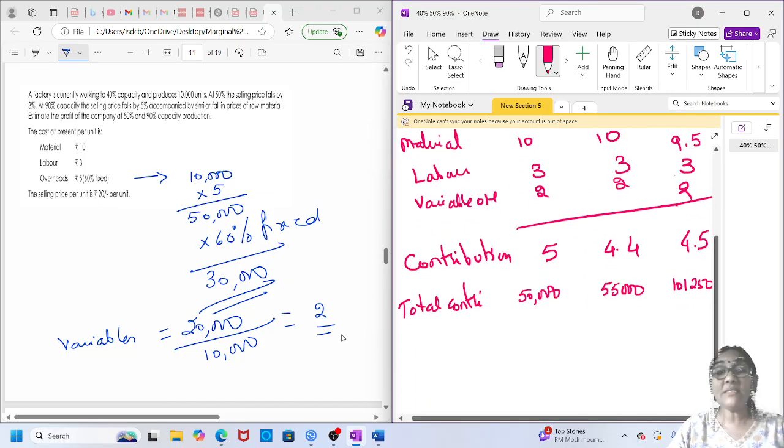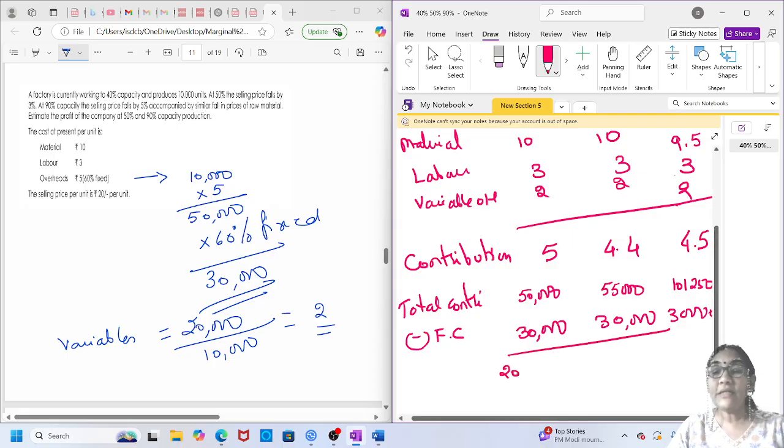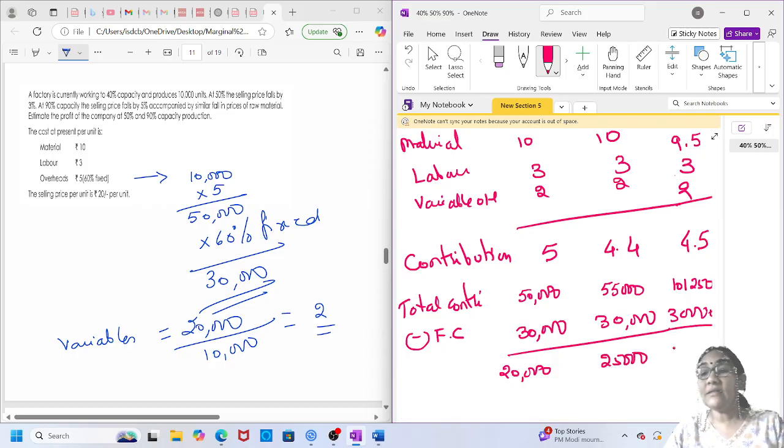And from this I will subtract the fixed cost. Fixed cost we have calculated is 30,000, and therefore the profit under each scenario would be 20,000 in the current scenario, 25,000 in the next, and in that other one 71,250 would be the profit.